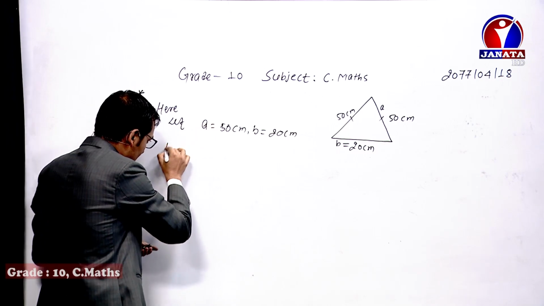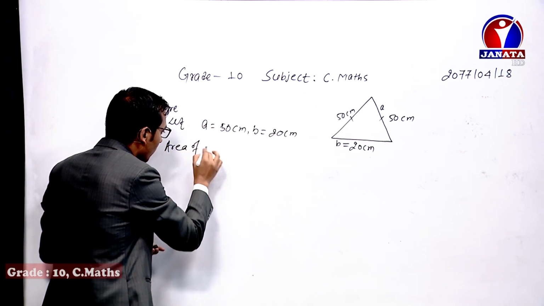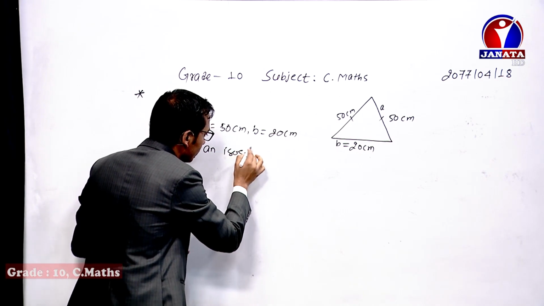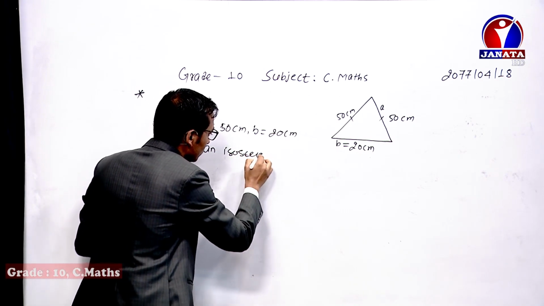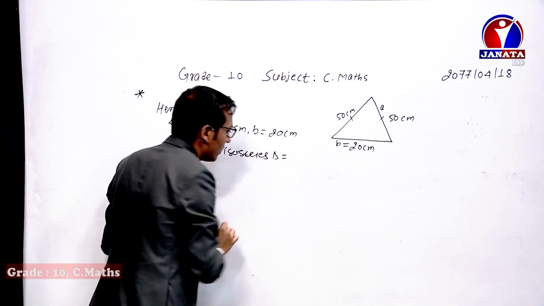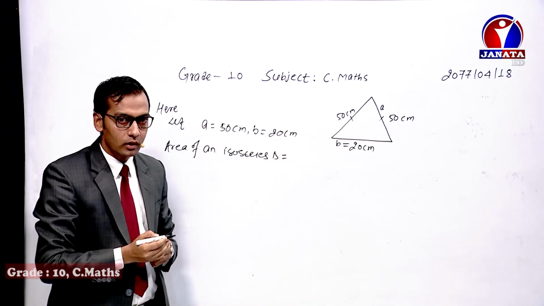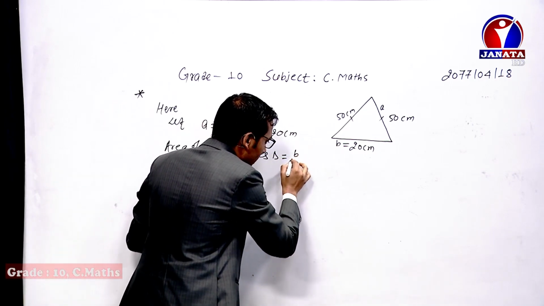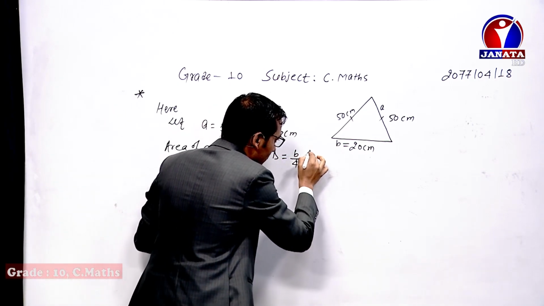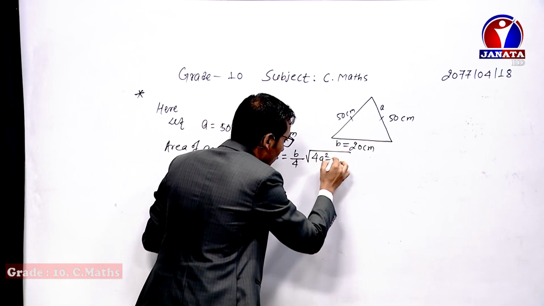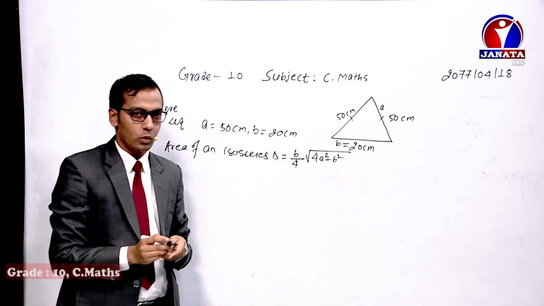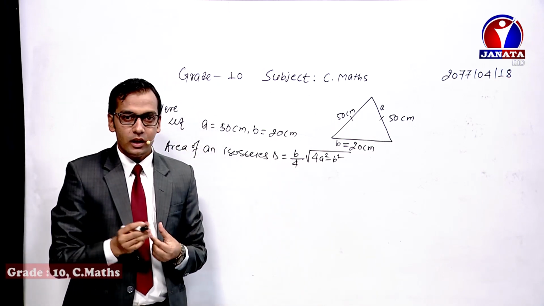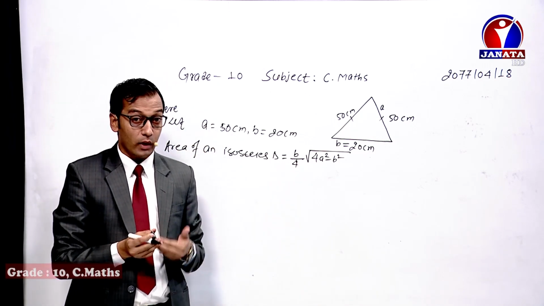What is the area of an isosceles triangle? We have a direct formula for finding it. Area of an isosceles triangle is b over 4 times the square root of 4a square minus b square. This is the formula to find the area of an isosceles triangle.